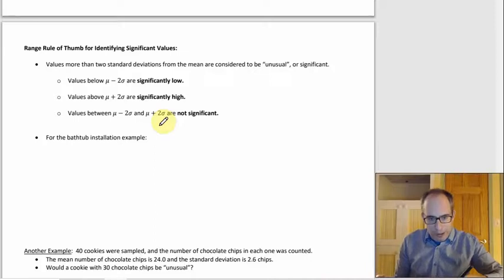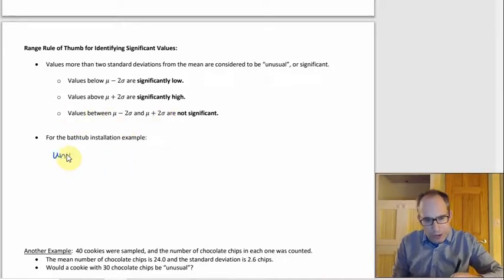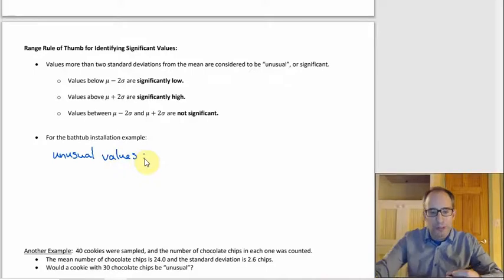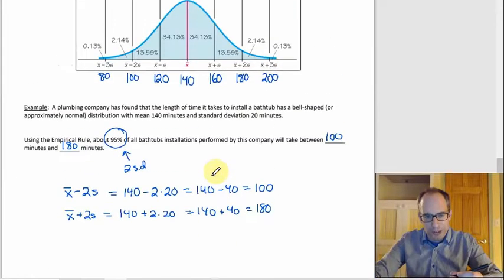So for the bathtub installation, if we were looking for unusual values, since we did write everything in the picture, beyond 2 standard deviations, that's out here.